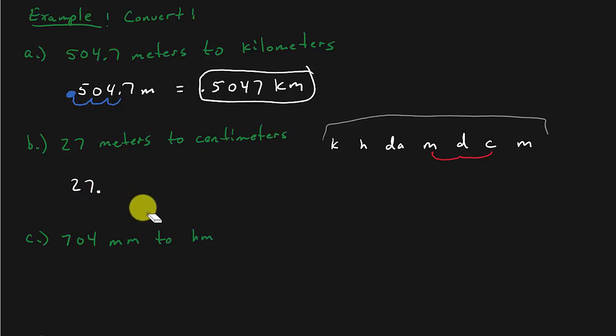Let me erase this M so I can move the decimal. So we've got to go 1, 2 places to the right. Put your decimal, add the zeros, and that is equal to 2,700 centimeters, because I moved it 2 places to the right.